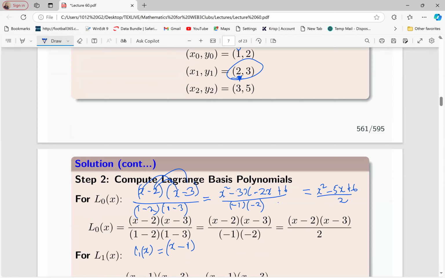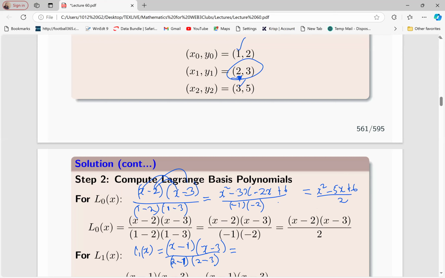This is x1, the other x values are those. Then x minus 1, x minus 3. Then at the denominator, take the x value of the point you're considering, subtract 1 from it, and then take it again and subtract 3 from it. You know what the 3 and the 1 I'm referring to. The same 1 and 3 that you used in the numerator are the same ones you're using in the denominator.